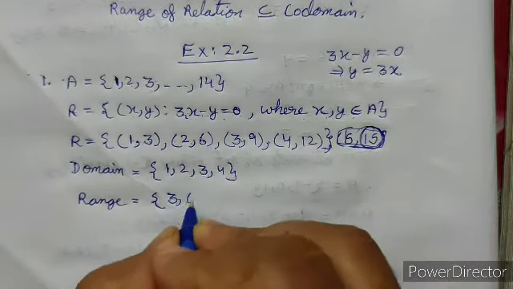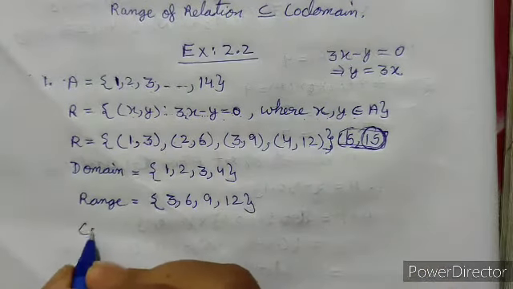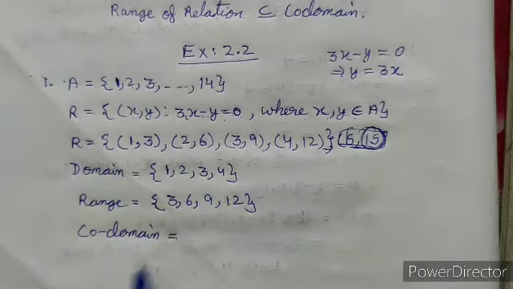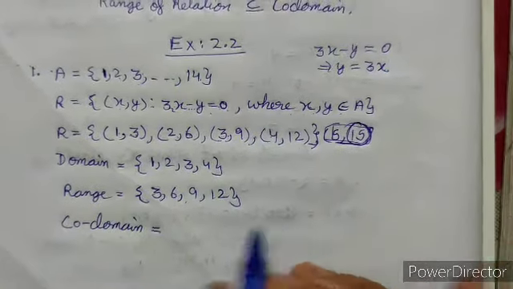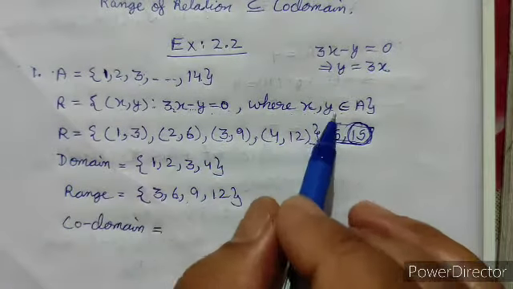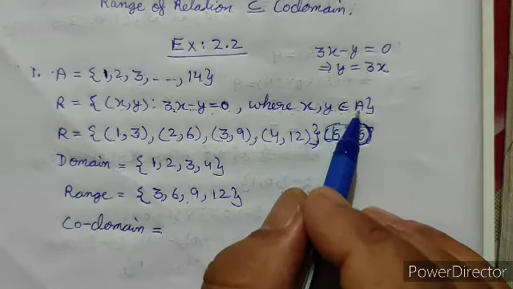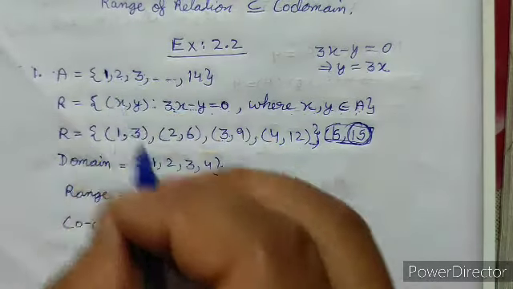So the range will be {3, 6, 9, 12}. Now the codomain is the set from where we have taken the range. Here the range is y and y belongs to set A. That means we have taken all the range values from set A. So the codomain will be the set A.